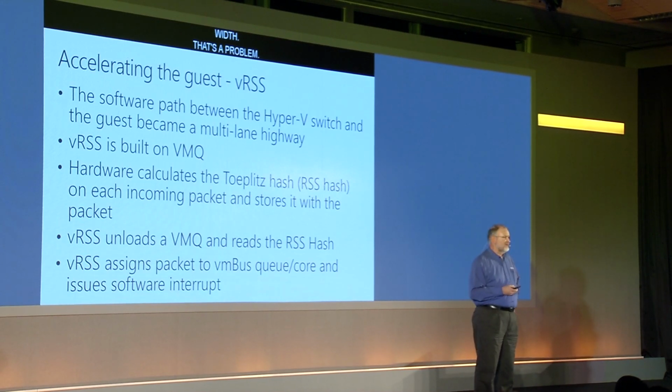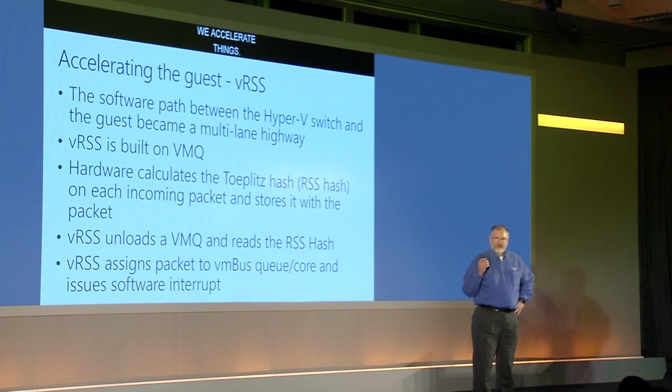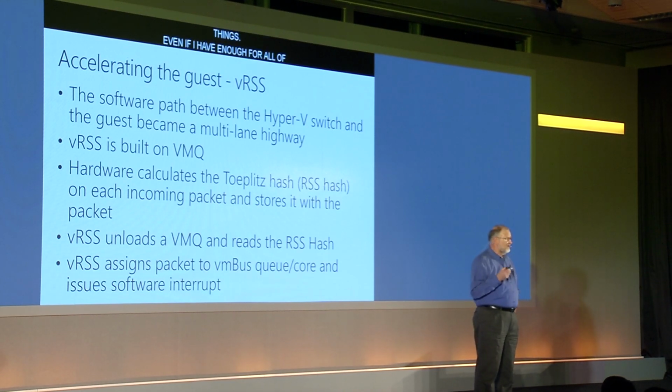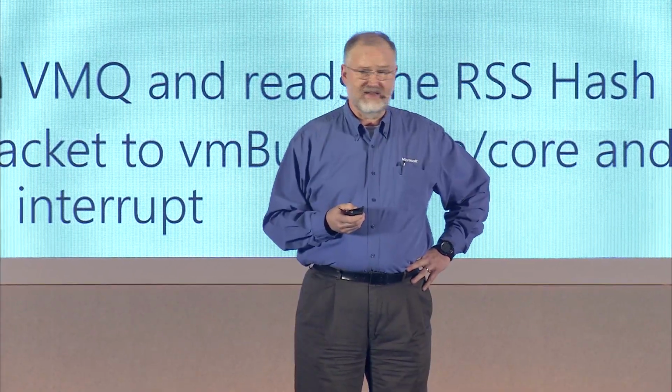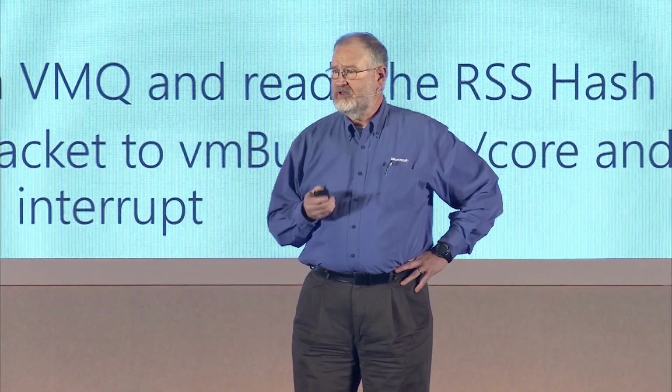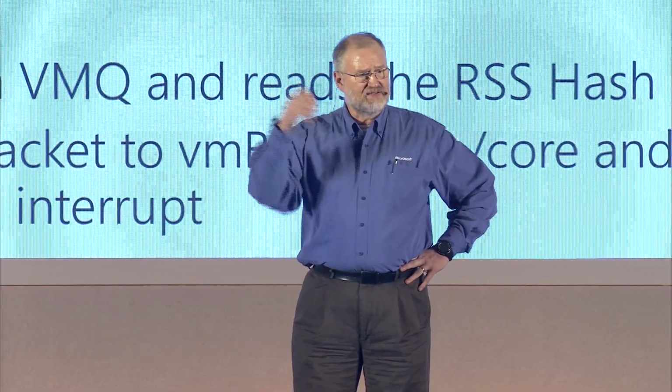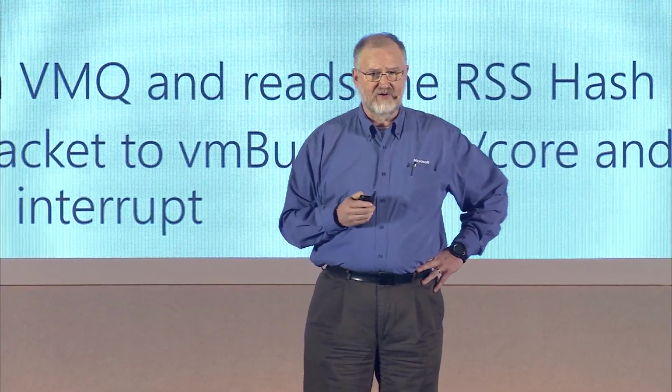So that's a problem. Okay, so we started saying, how else can we accelerate things? 3 gigabits per second for a queue isn't very much. Even if I have enough queues for all of the different technologies, I don't have what I need to handle a VM that wants 10, 15, 20 gigabits per second, because one queue can't do that if I brought that software queue all the way through with one queue.